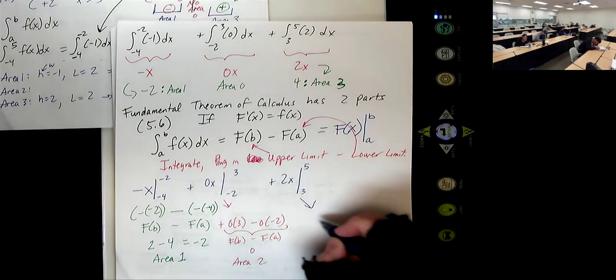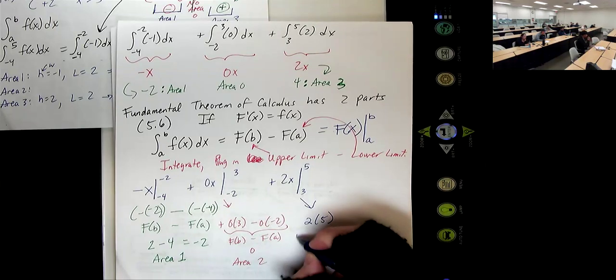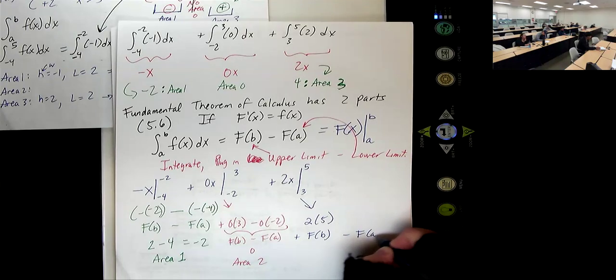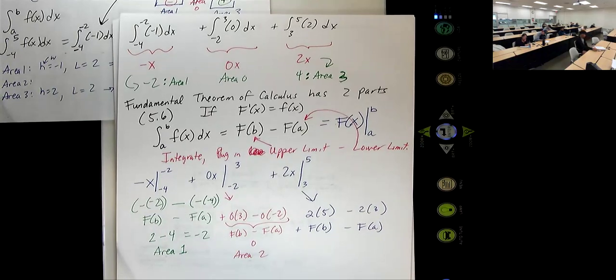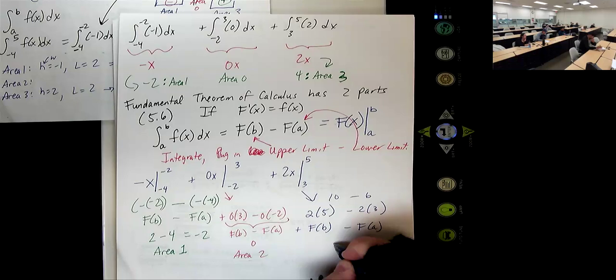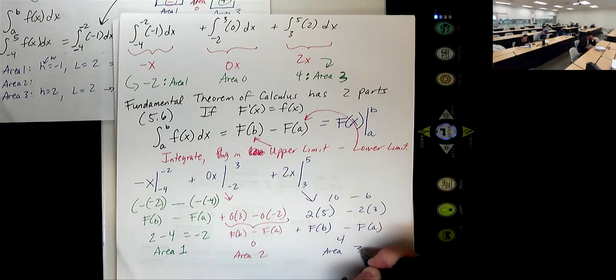If we do this one, I've got 2 times 5, that's my F of b, minus my F of a, which is -2 times 3. This is 10 minus 6. My area is 4, and that was the area of 3.